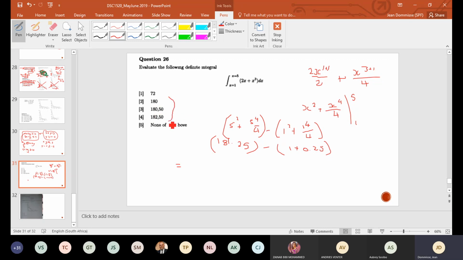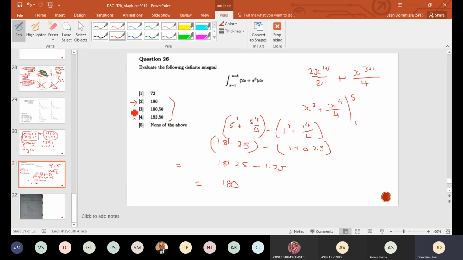So it's 181.25 minus 1.25, which gives you 180. If you set the two plus one another, you would have gotten that one. Okay, that is quite sneaky.